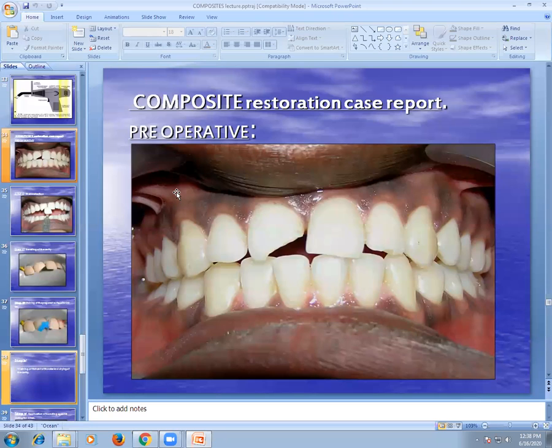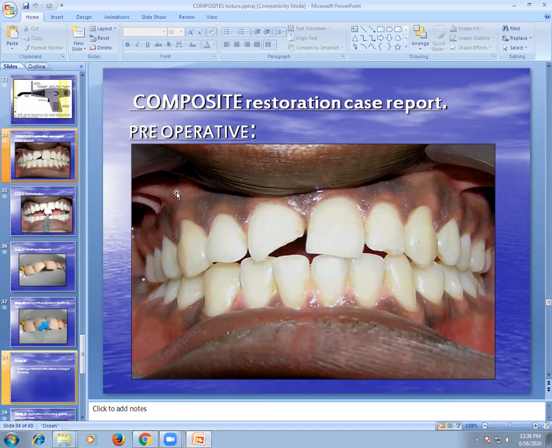The major drawback of composite restoration is post-operative sensitivity. So what we have to do, suppose your cavity is very deep, very near to the pulp, at that time you can place a GIC base, and over that you can place the composite. Right? This is called the sandwich technique.